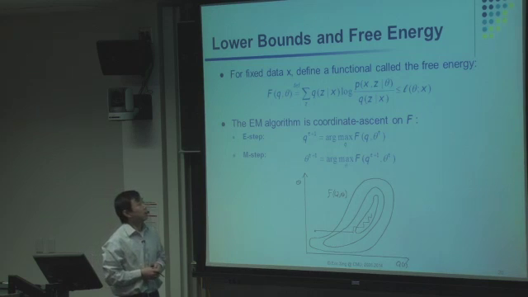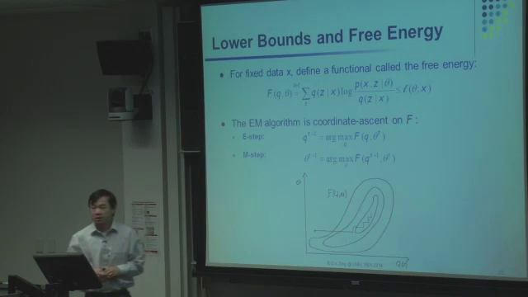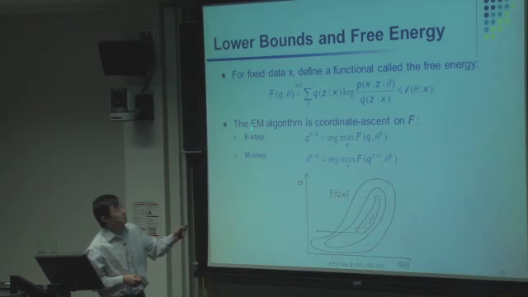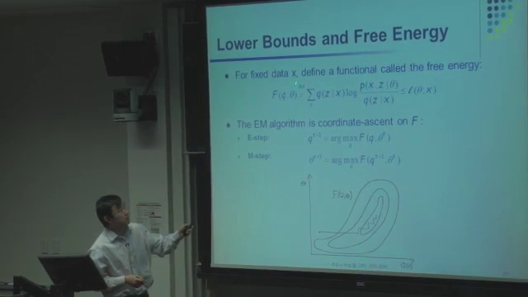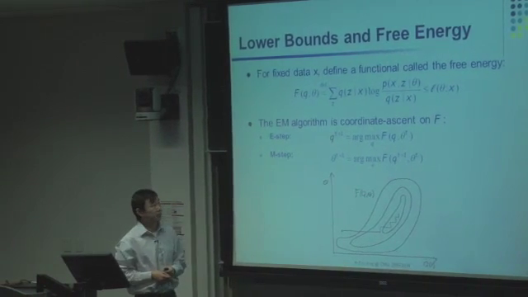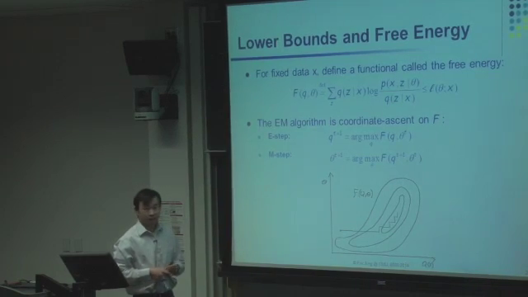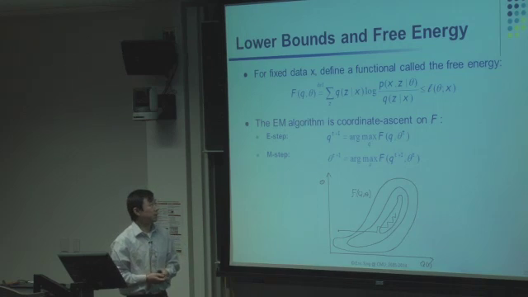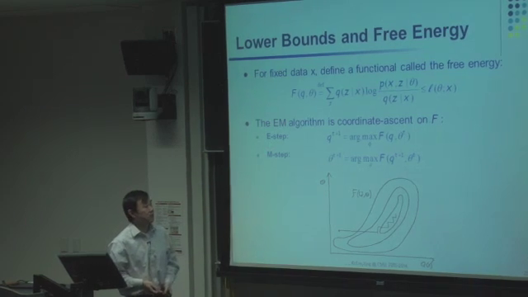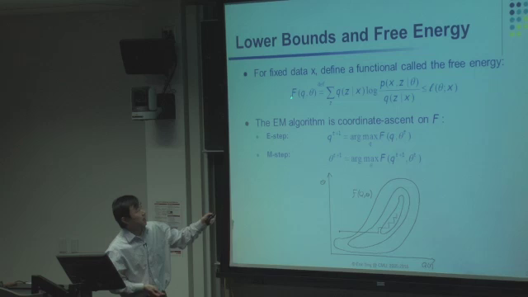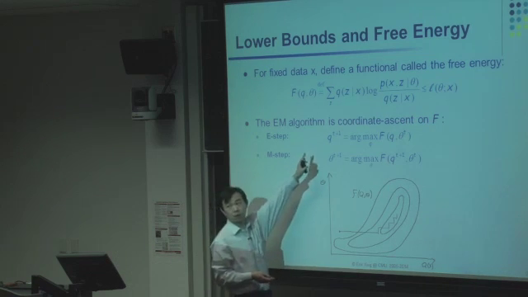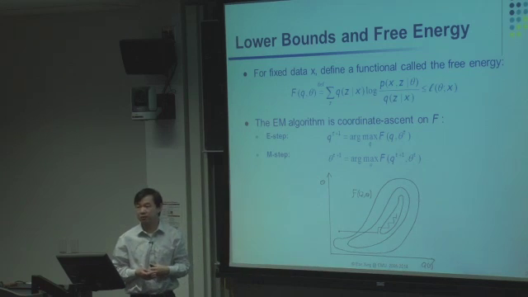Then, without the proof, I first claim a good news. It turns out that the EM algorithm is actually optimizing this f function, using almost a coordinate descent style algorithm. In the E step, this f function is optimized with respect to q, the choice of the latent variable distribution.